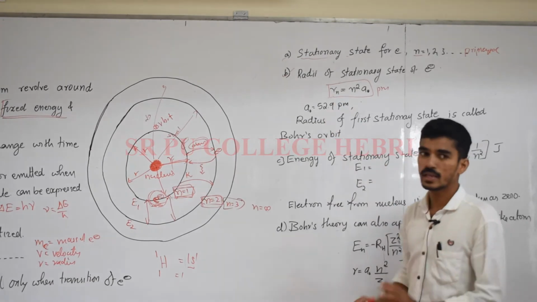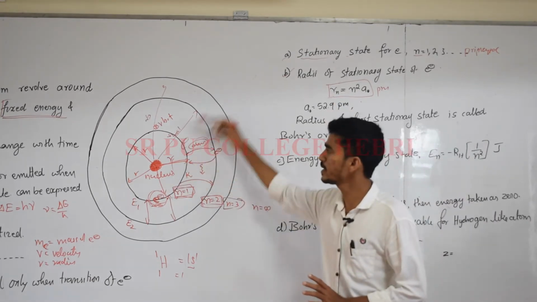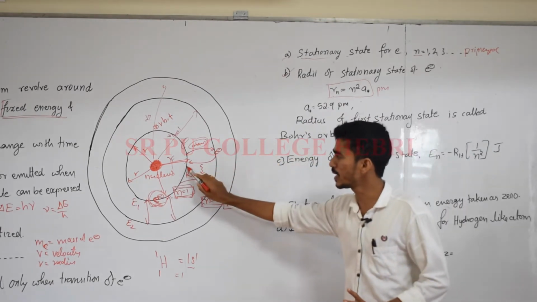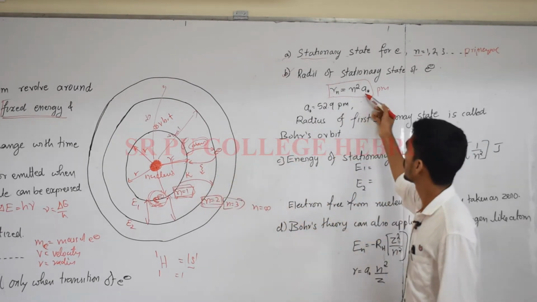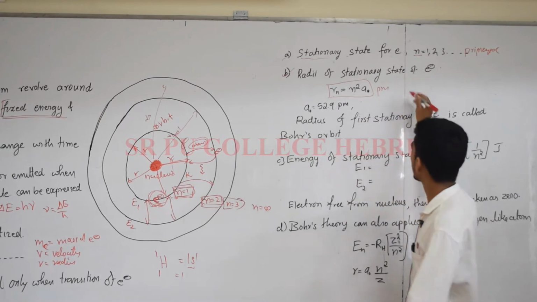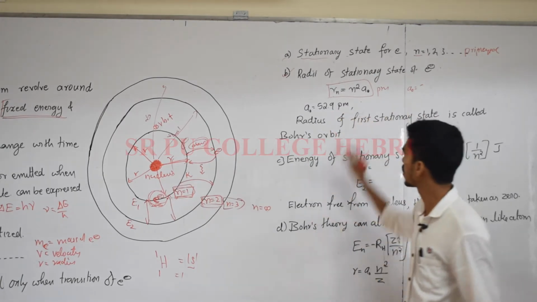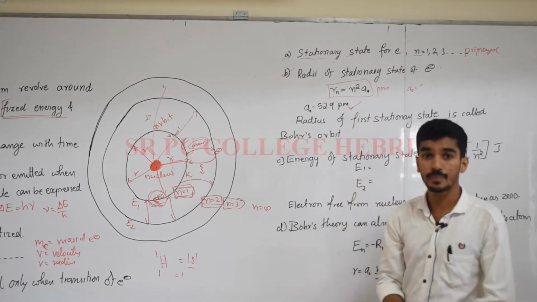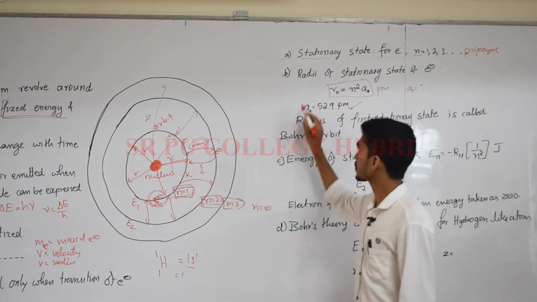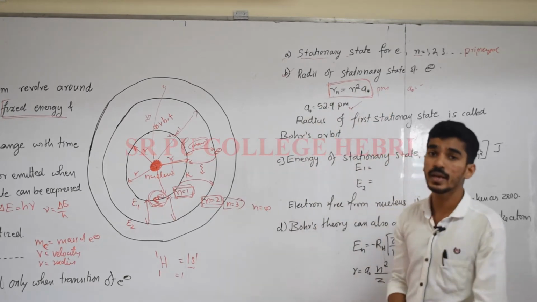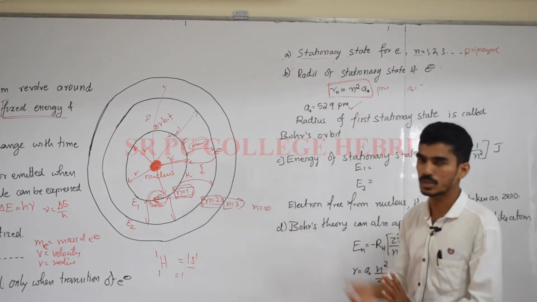Rn is the radius of any stationary state, and n equal to 1, 2, 3, 4 and so on. a naught is a constant, equal to 52.9 picometer. This is the formula for finding the radius of a particular atom.